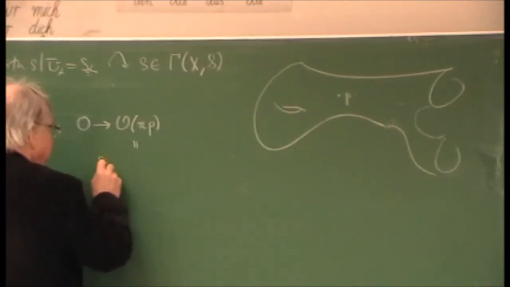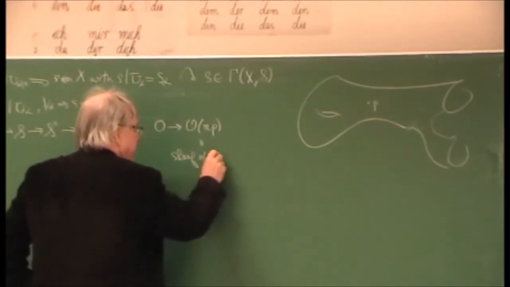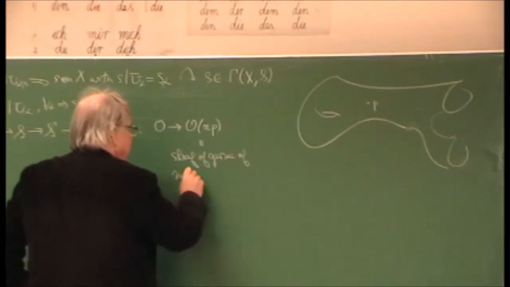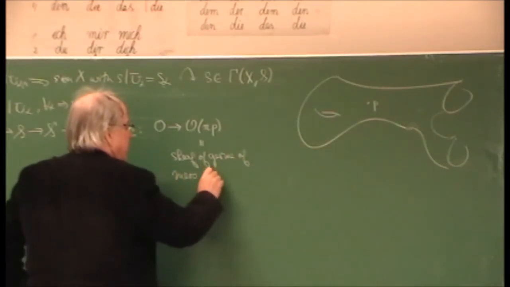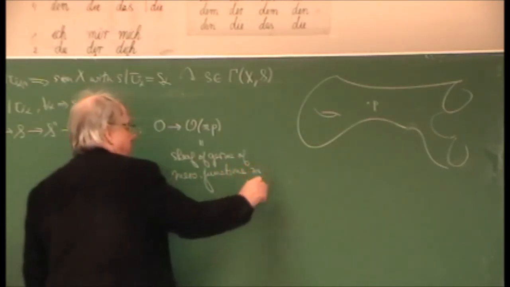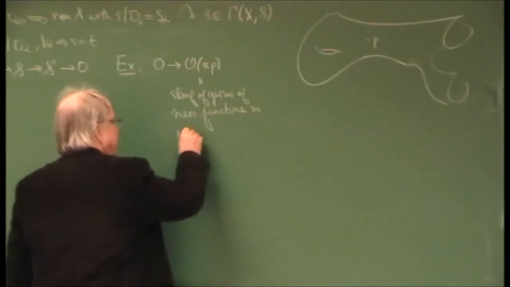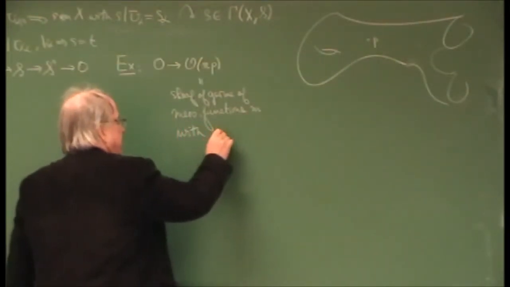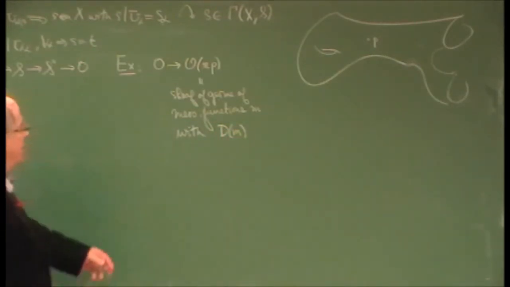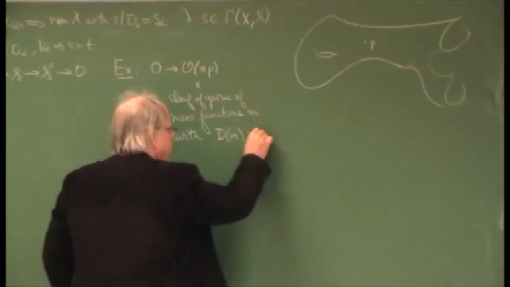This is the sheaf of germs of meromorphic functions M whose divisor of M, so that's just what it defines as a divisor, is bigger than or equal to minus nP.